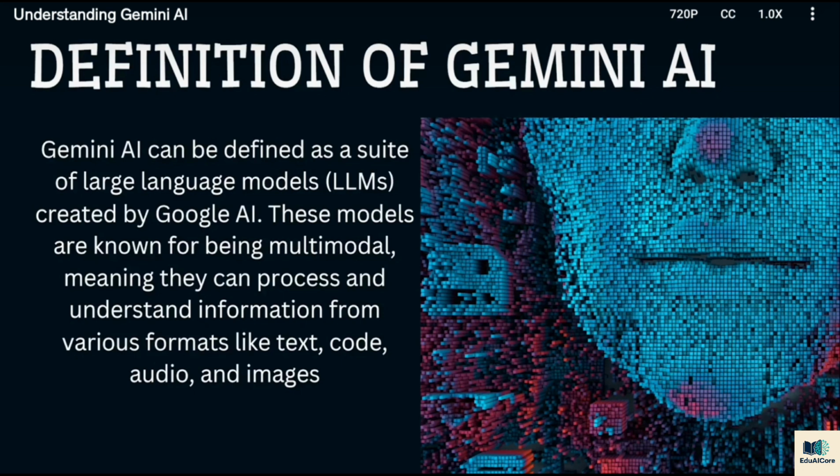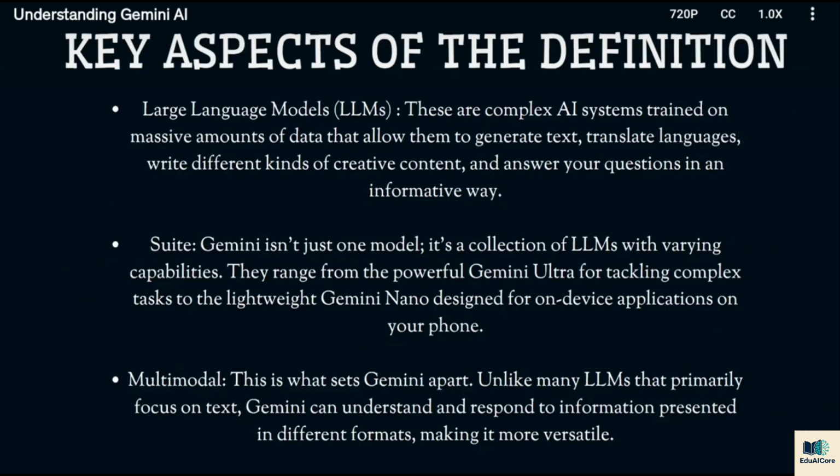It will tell you what kind of image it is, or what you want to do with that particular image. It will try to decode those things for you. And Gemini AI works on large language models, shortened to LLMs, which we'll discuss once we move a bit deeper into this lesson.